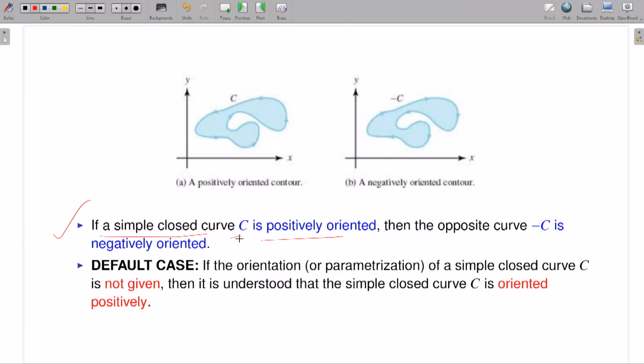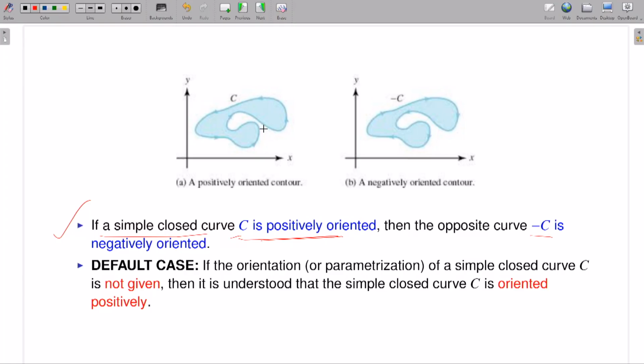That means if C is starting from ZA to ZB, minus of C will be the same set of points in the curve, but it will start from ZB and come back to ZA. So if C is positively oriented, then minus of C will be negatively oriented, right? So that's what I have written.